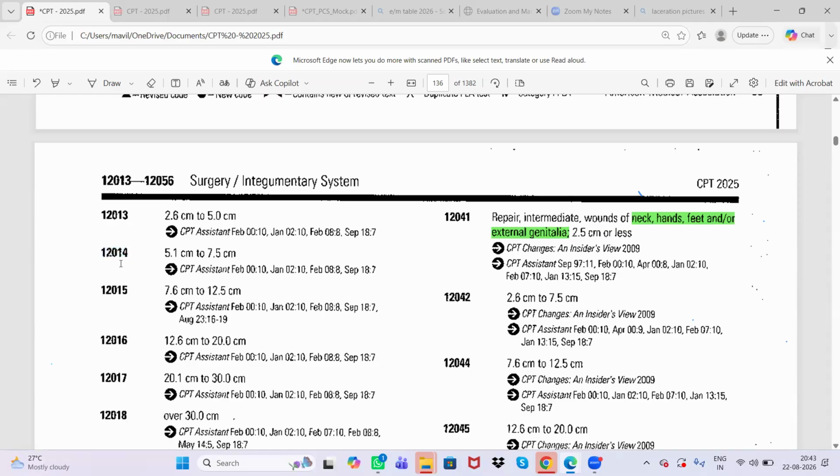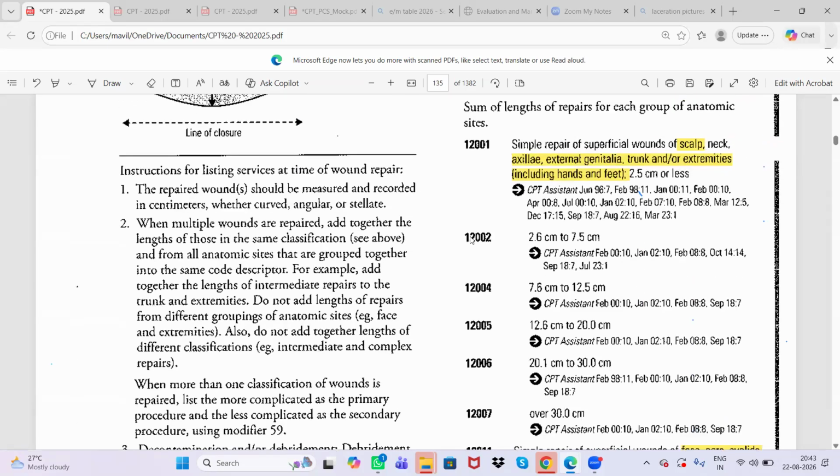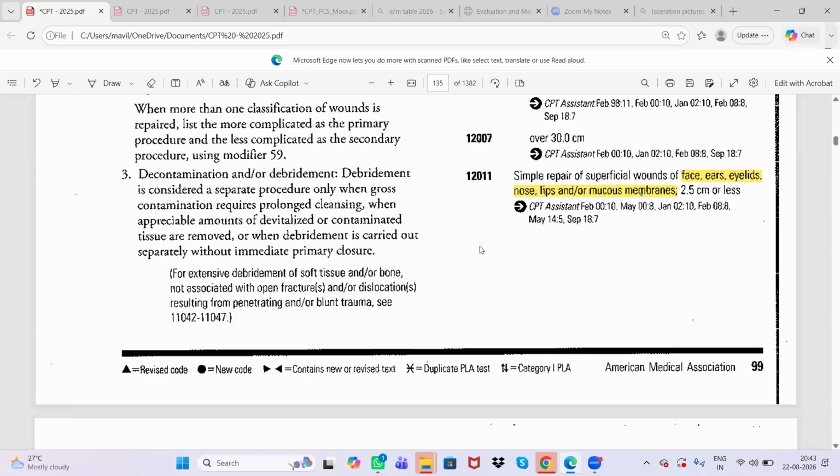This is the primary code, followed by 12002. You need to append the 51 modifier to 12002. To the least code only we need to append the 51 and 59 modifiers.